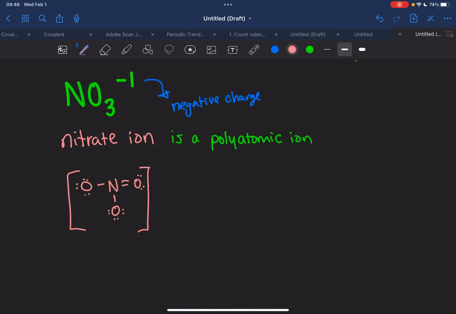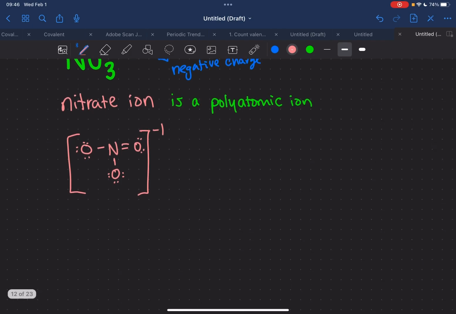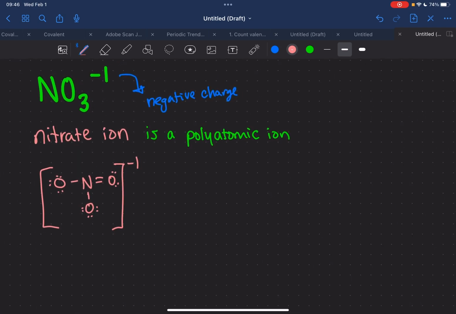So it's not actually a molecule, it's actually an ion. And we're going to use polyatomic ions. We're going to use nitrate and others to make ionic compounds. So let me show you what I mean. By the way, I do want you to write this. I do want your paper to look like mine still.